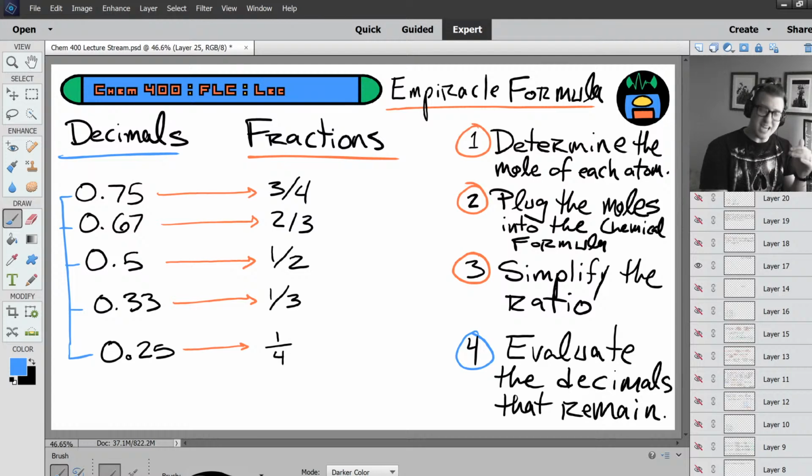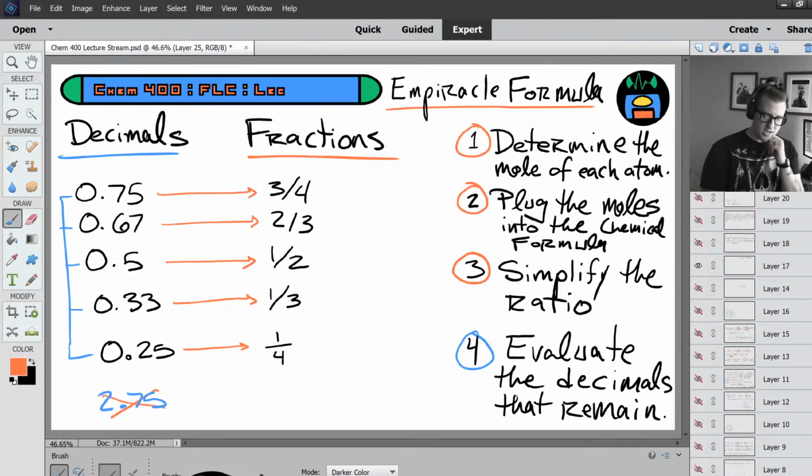And again, you're not going to see exactly a number that's 2.75 exactly.